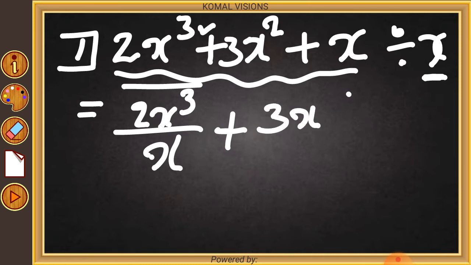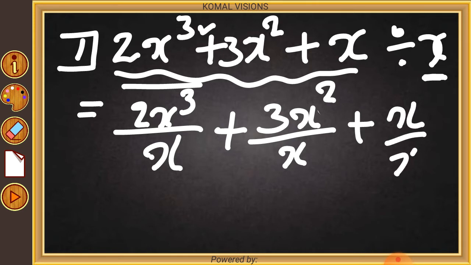So 3x square by x, let me write it properly, plus x by x. I have divided each term in this expression by x separately. If you see here, in the numerator and denominator I have x terms, so I can cancel.